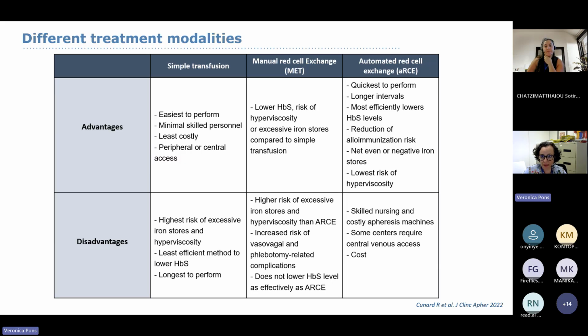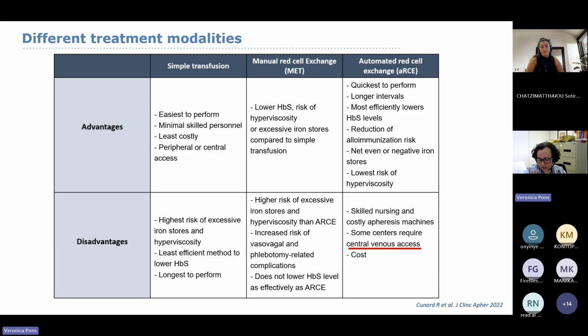So automated red cell exchange is fast to perform, is efficient, and has benefits in terms of iron balance and hyperviscosity. But it also has disadvantages, of course, and these include the need for trained staff, costs, as well as the historical consideration for central venous catheters in some centers.